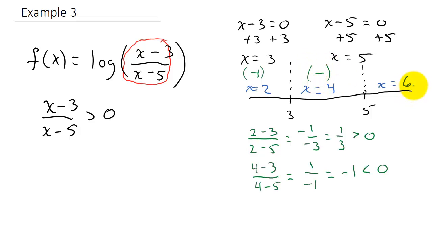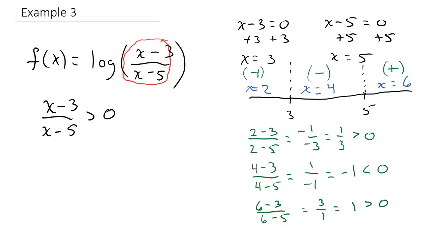And then I have to do the same thing with the 6. Plug it in. So I get 6 minus 3 over 6 minus 5 equals 3 over 1, which equals positive 3, which is greater than 0. So that means that everything in this region will be positive.